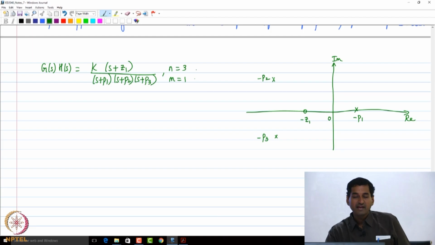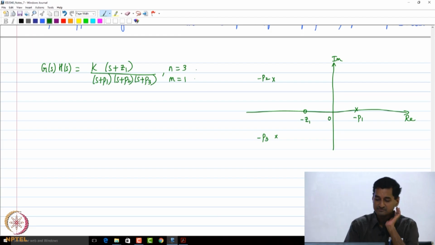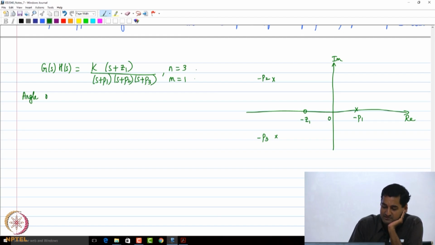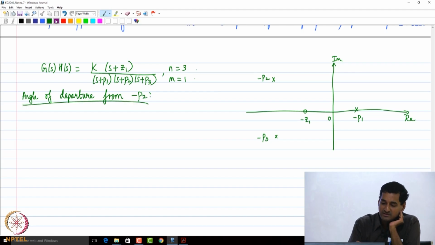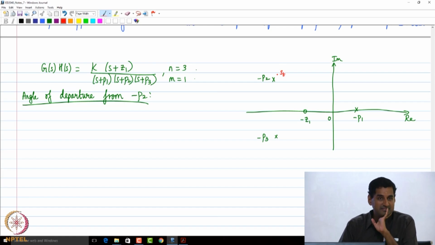Now I need to figure out the angle of departure from the open loop pole minus P2. How do we do this? For this, let's take a test point ST which is very, very close to minus P2.